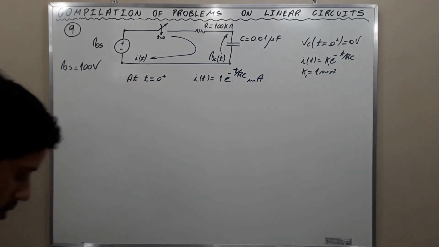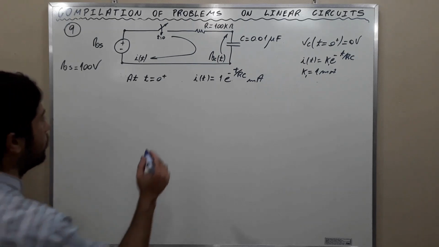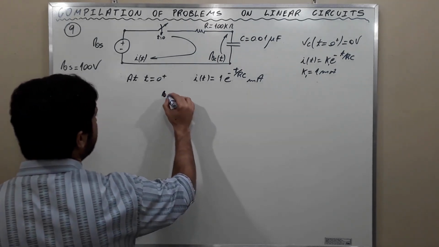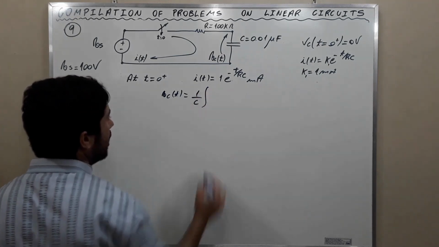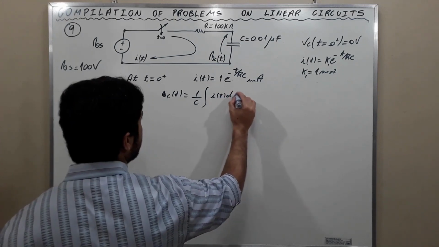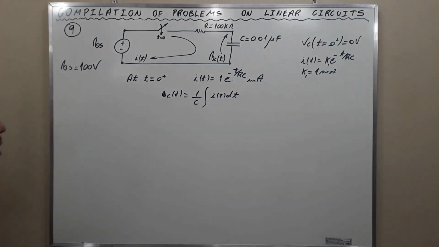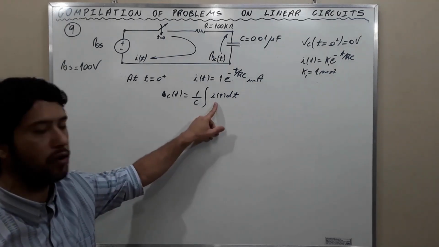Okay? To find the capacitor voltage, we need to use the property that we know. We know that Vc of t is equal to 1 over C times the integral of I of t dt. The voltage across the capacitor can be found by integrating the current.